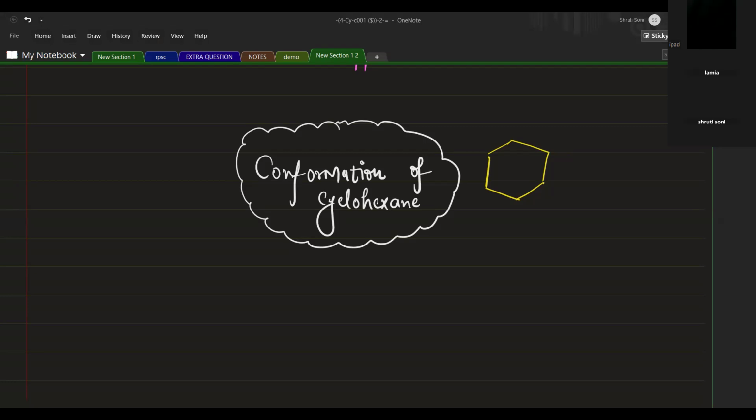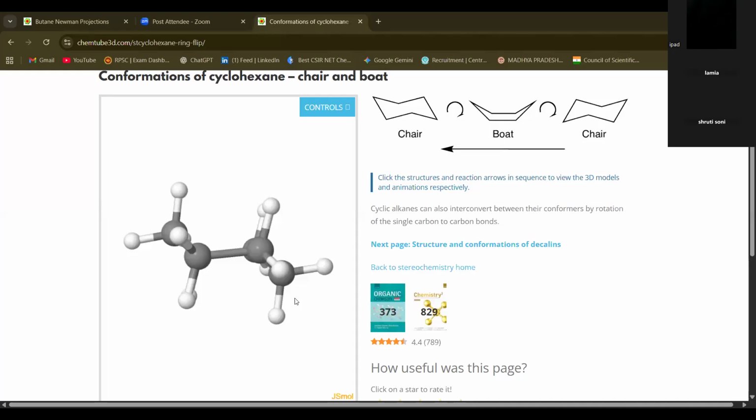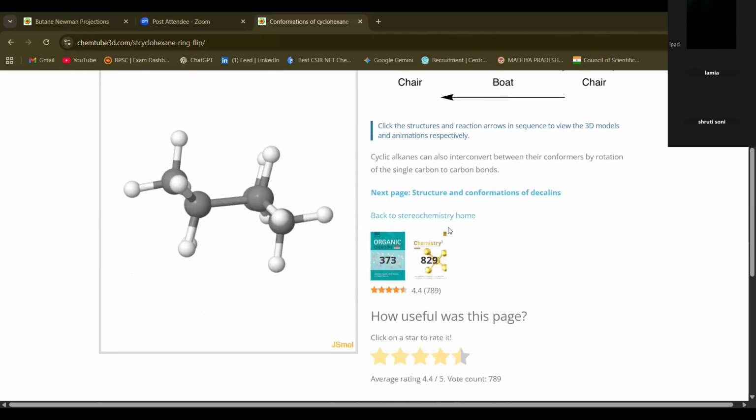I'm sharing the screen again. Okay, so I hope you can see this 3D structure. Yeah.